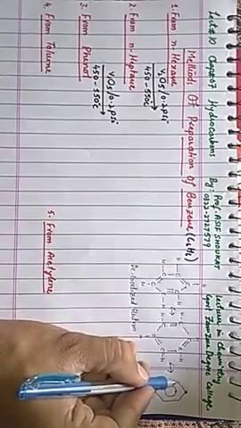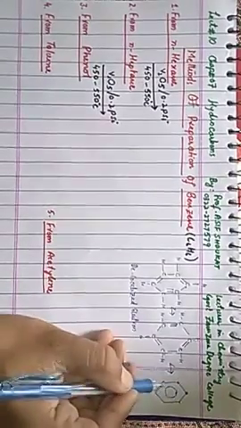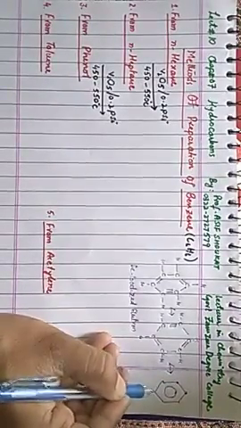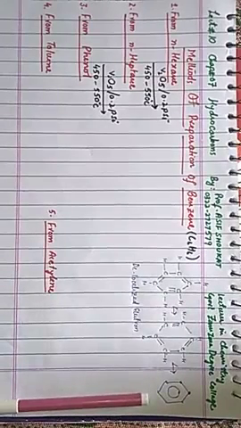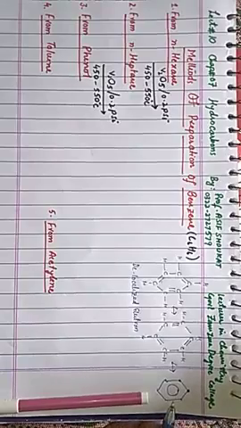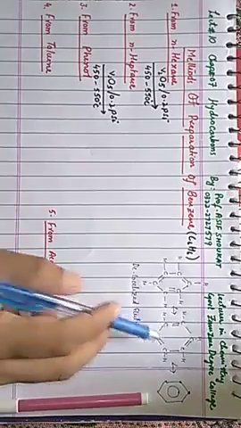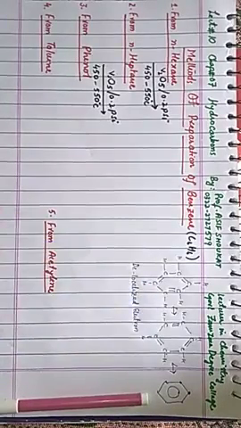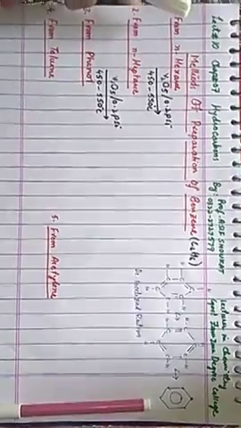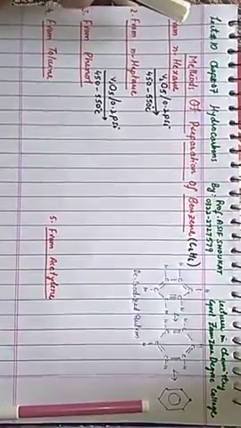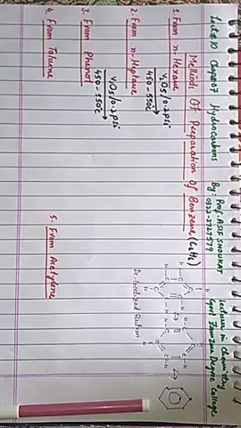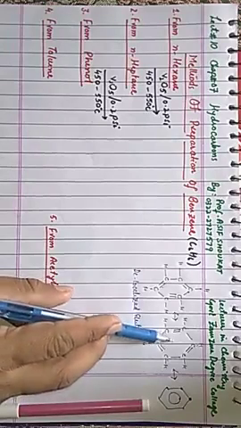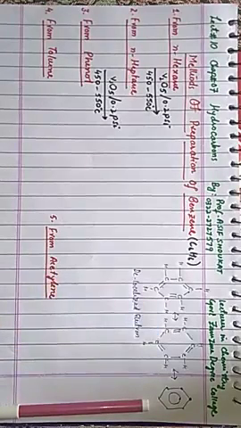You have to remember that every corner of this hexagon contains one carbon and one hydrogen. If you keep it in your mind, then it's okay, you can use this. Otherwise, use any one structure among these. It means delocalization of electrons is there and we cannot fix the position of the double bond.